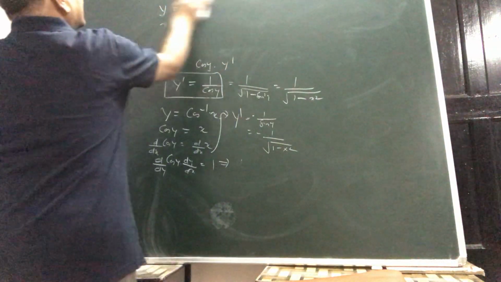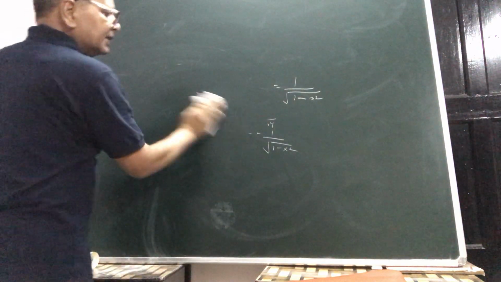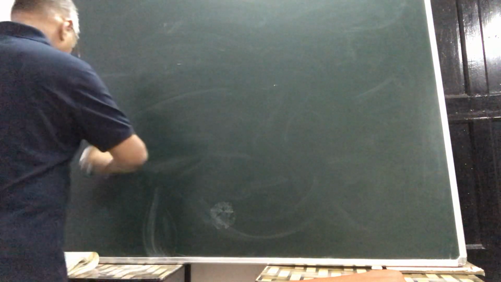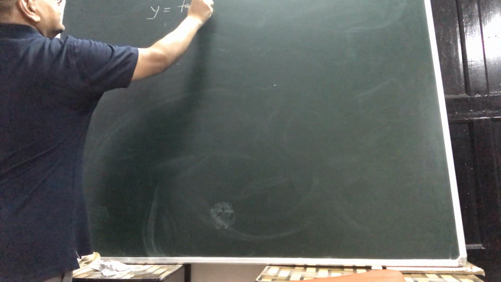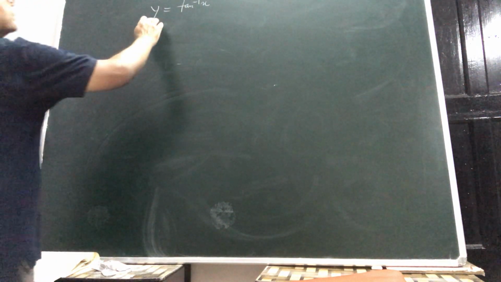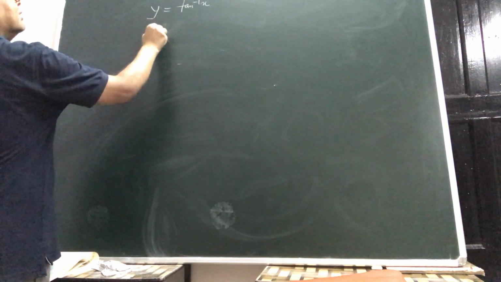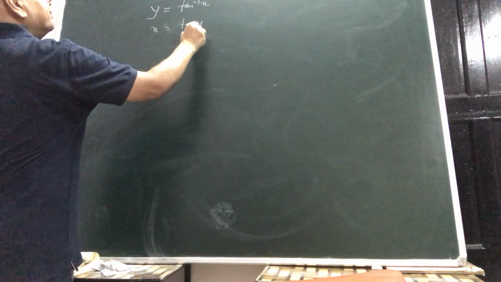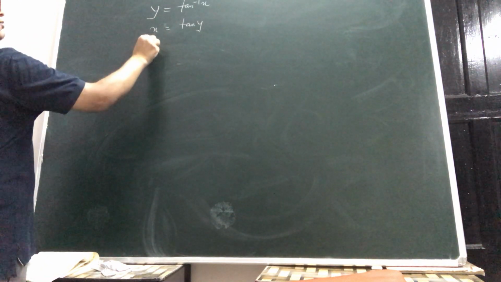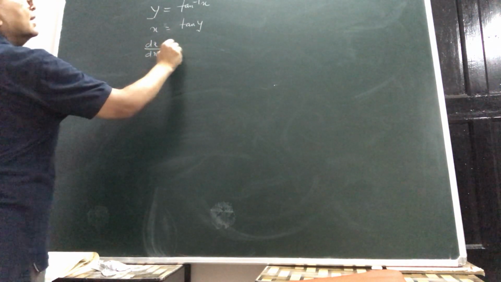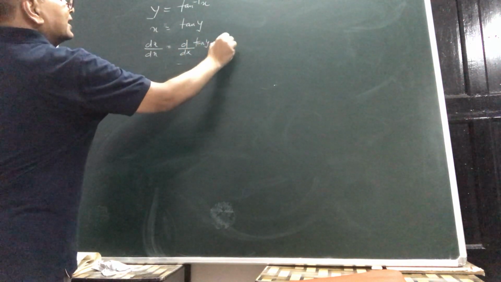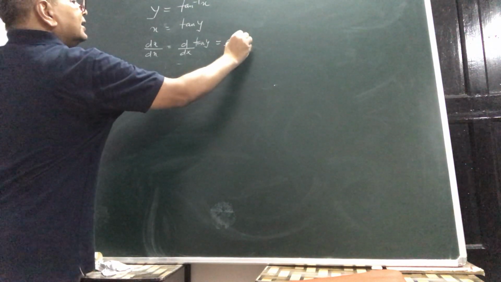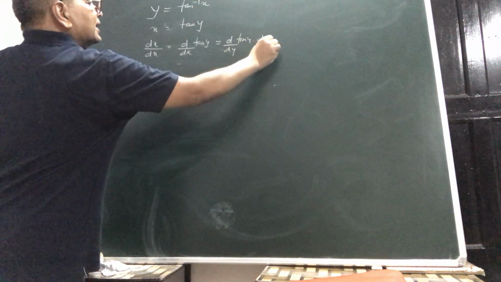So now I will take the derivative of tan inverse x. So y is equal to tan inverse x. Now here, as usual, you will write x is equal to tan y by definition. Differentiating with respect to x, dx upon dx is equal to d upon dx of tan y, and this can be written as d upon dy of tan y into dy by dx.